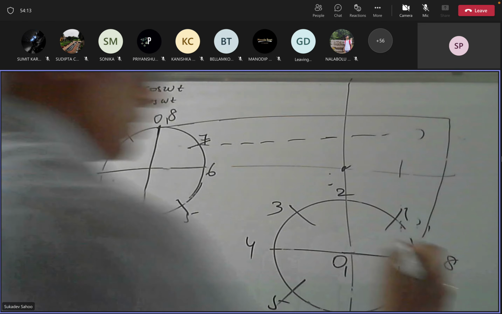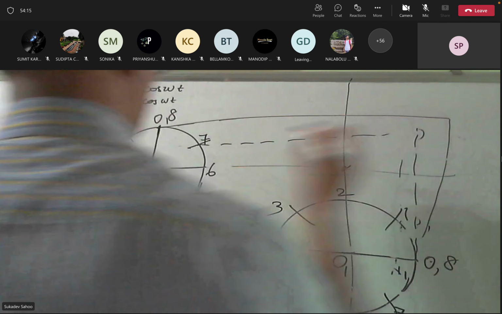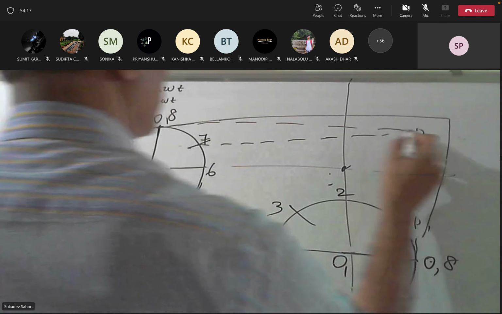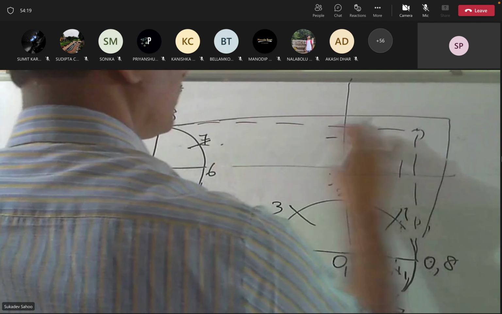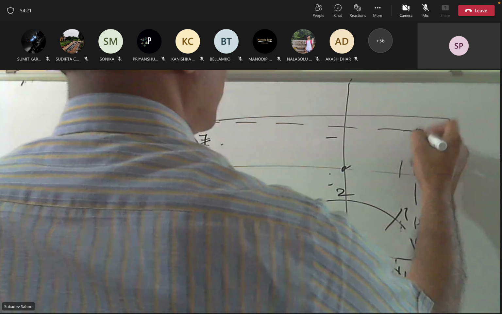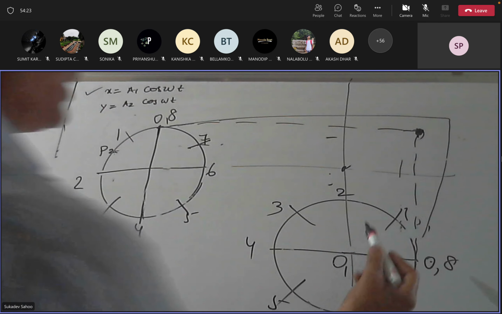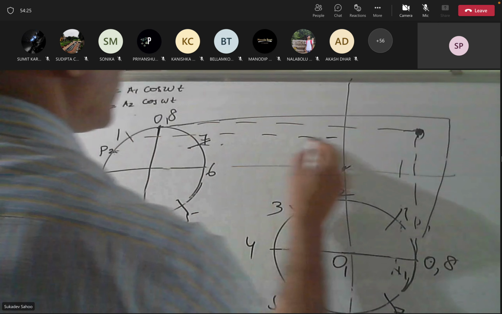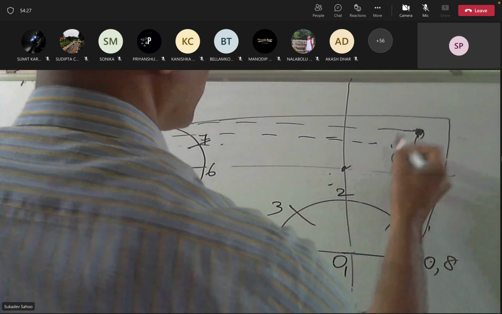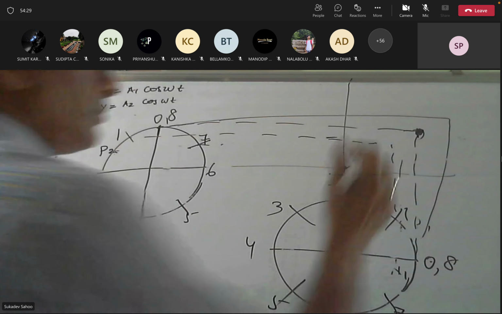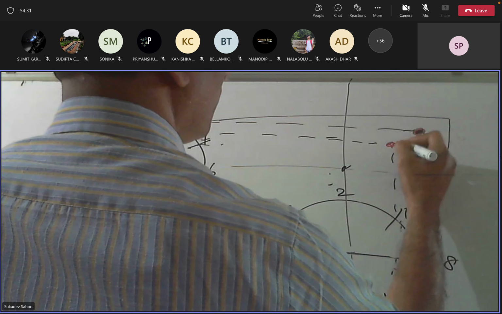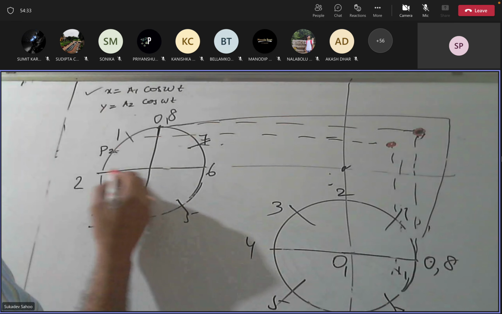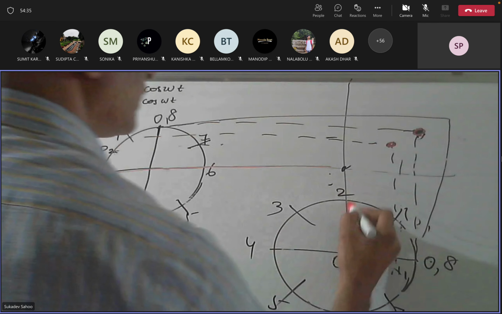After that, you draw perpendiculars from the same numbering. You will obtain the point here. This is 1. Join the same numbering points, 1, 1. This is one point, this is another point, 2, 2, this one and this one.